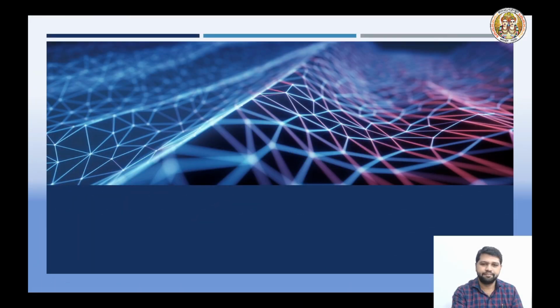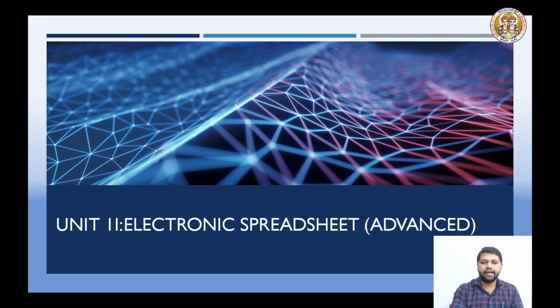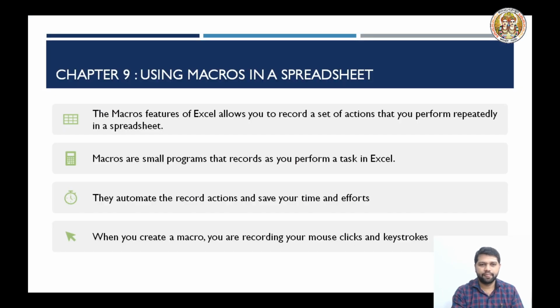Let's begin. Unit 2, electronic spreadsheet. Chapter 9, using macros in a spreadsheet. The macros feature of Excel allows you to record a set of actions that you perform repeatedly in a spreadsheet. That means whatever formatting effects you apply to the spreadsheet or cells will be recorded.